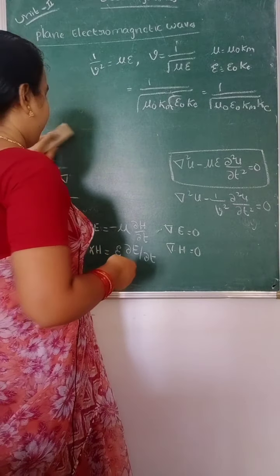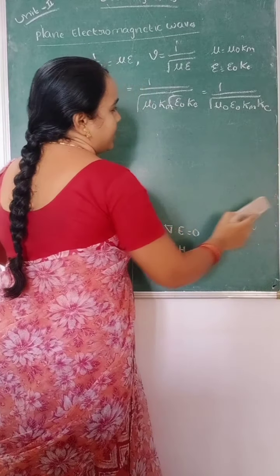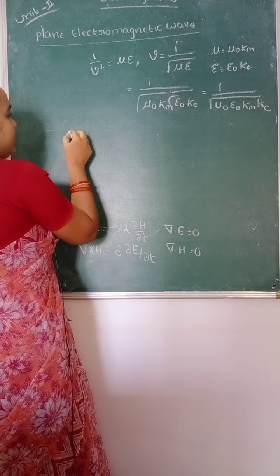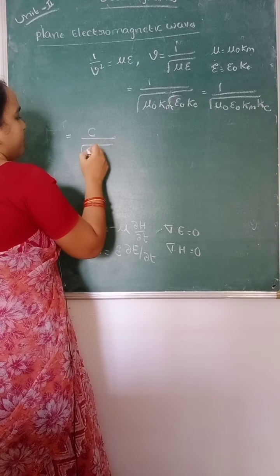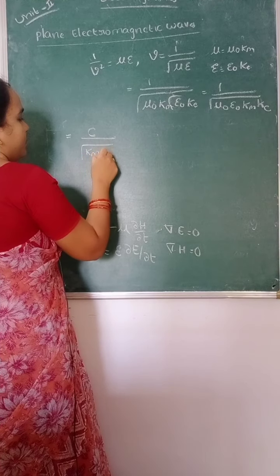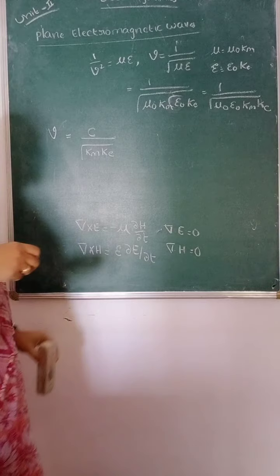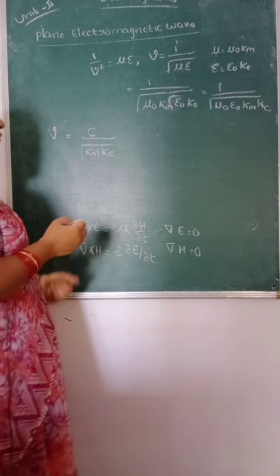We know that 1 by root of mu naught into epsilon naught is the velocity of light. So in the previous class we have calculated this. So this is C by root of Km into K. This is the velocity of a plane electromagnetic wave in an isotropic dielectric.